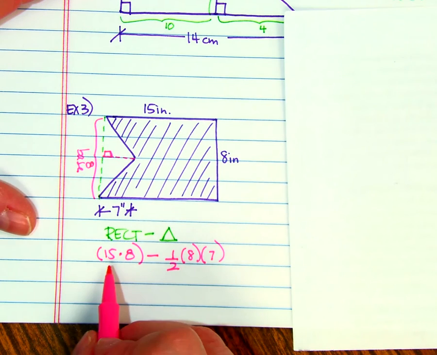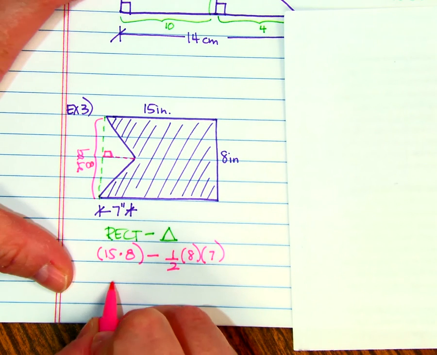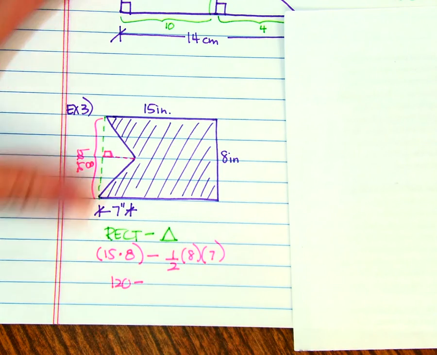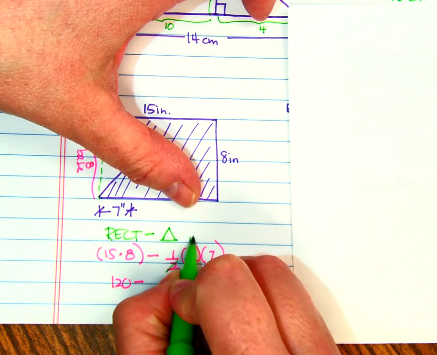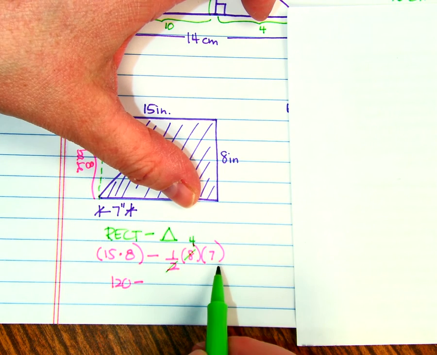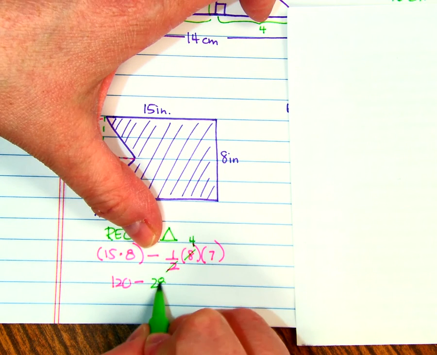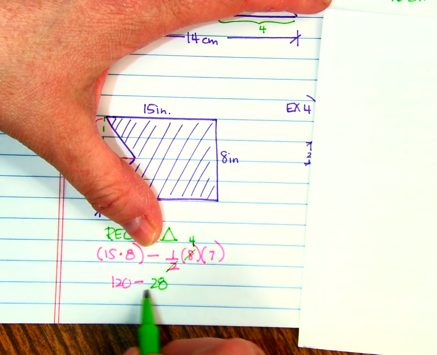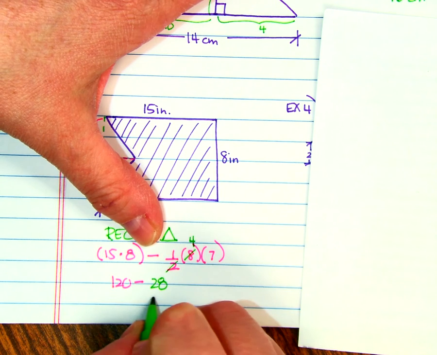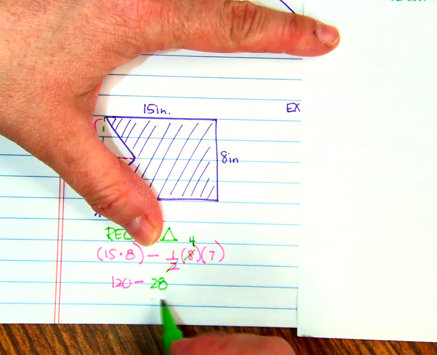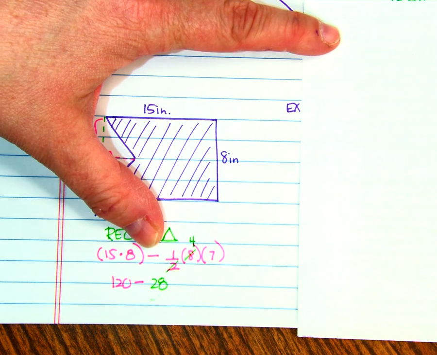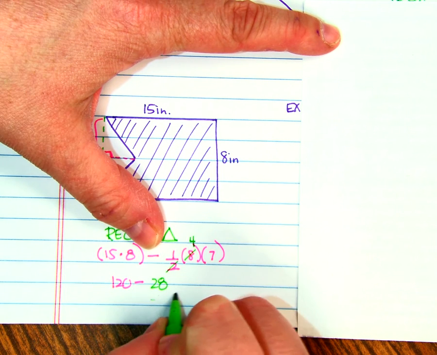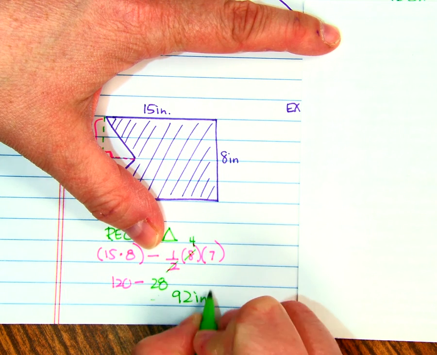Do the math. I'm going to get 15 times 8 is 120. Minus 1/2 of 8 is 4. 4 times 7 gives me 28. So 120 minus the 28 gives me 92, I believe. I check my math this late in the day. So 92 inches squared.